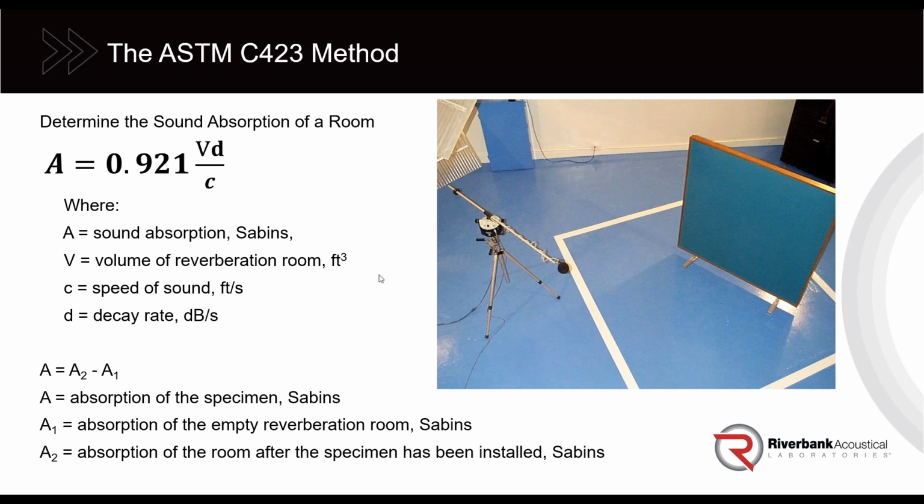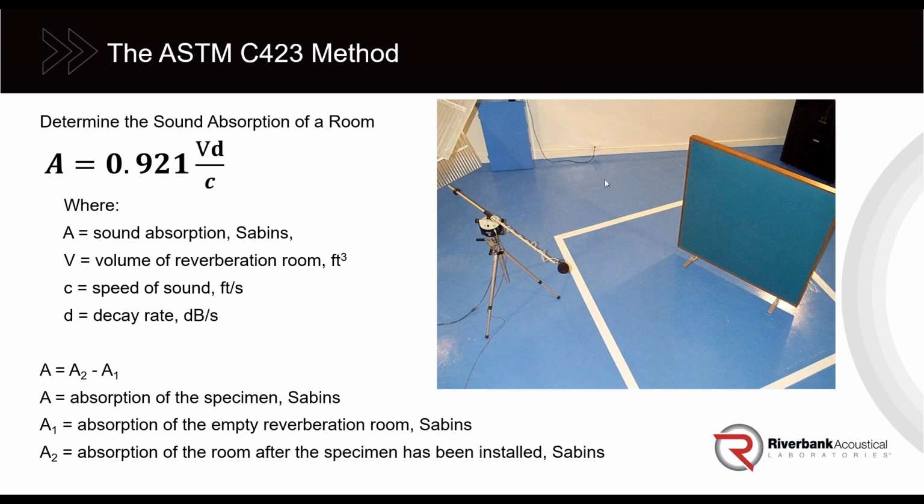So how we run this test is we will test the reverberation time in the empty space, and then we will install the material under test and then measure the reverberation times again. Using this equation, we're able to determine the total sabins of absorption in the empty chamber and the total sabins of absorption in the chamber when the material is installed.